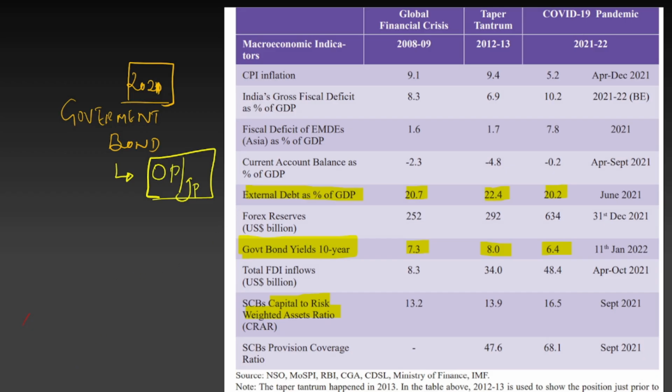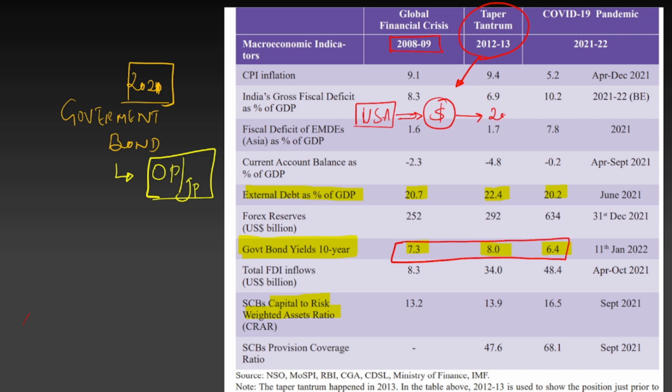So if you check this point, the government yield is changing, right? And this is the taper tantrum. The taper tantrum is nothing but this: in the 2008 financial crisis, the world went into a big crisis, and the United States of America started printing dollars at a very high rate because they were in recession. They had to come out, and hence they started printing.